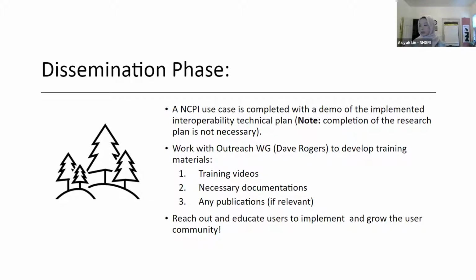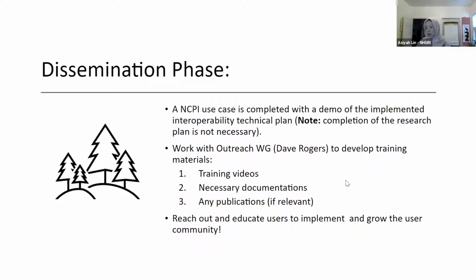The group who has completed the full implementation, the scientific lead and the platform lead, will work with the outreach group to develop the training materials, like videos that we will put on YouTube, or provide necessary documentation, some blurbs to describe the training materials, the steps needed for technical implementation, and any publications relevant for training purposes.